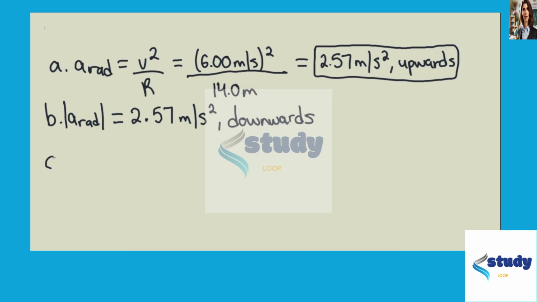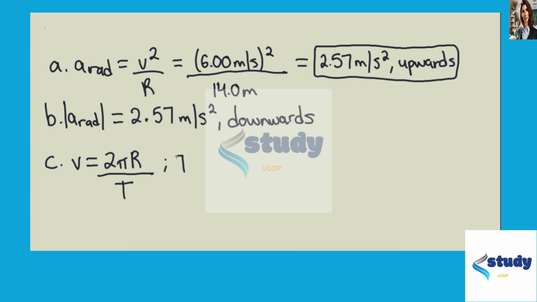And then finally for part C, we have to set up an equation where we know that the velocity would be simply equaling the distance for one revolution. So we could say the circumference of the proposed circle, 2 pi times r, divided by the time it takes to complete one cycle, or in this case, one circle, T, the period.